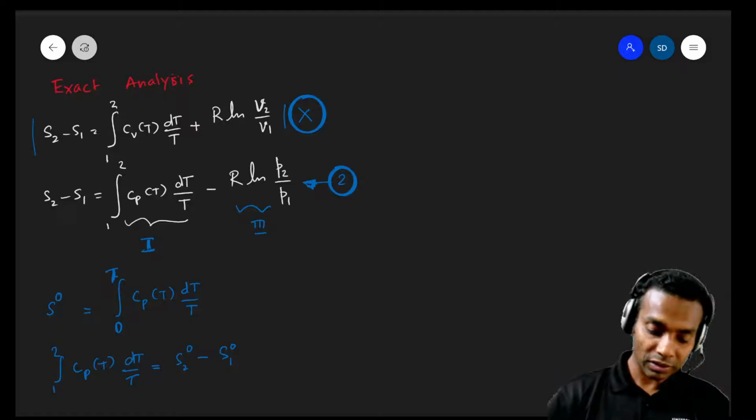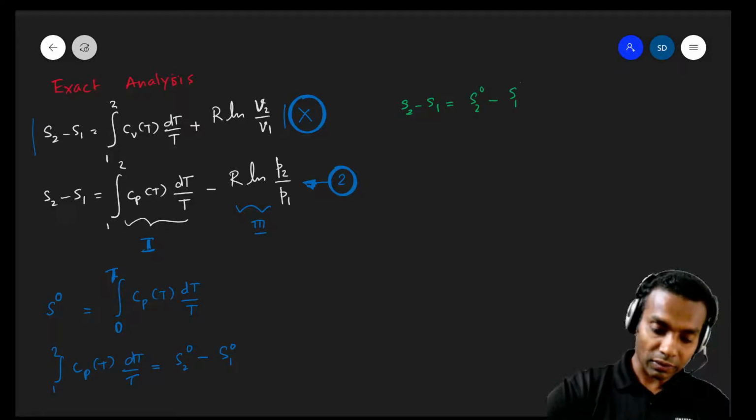Now, by substituting into equation 2, we can write S2 minus S1 is equal to S2 naught minus S1 naught, minus R natural log of P2 over P1.